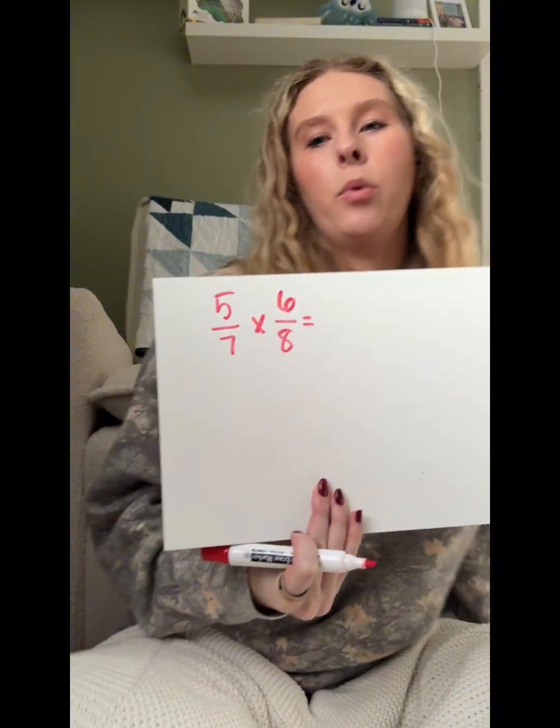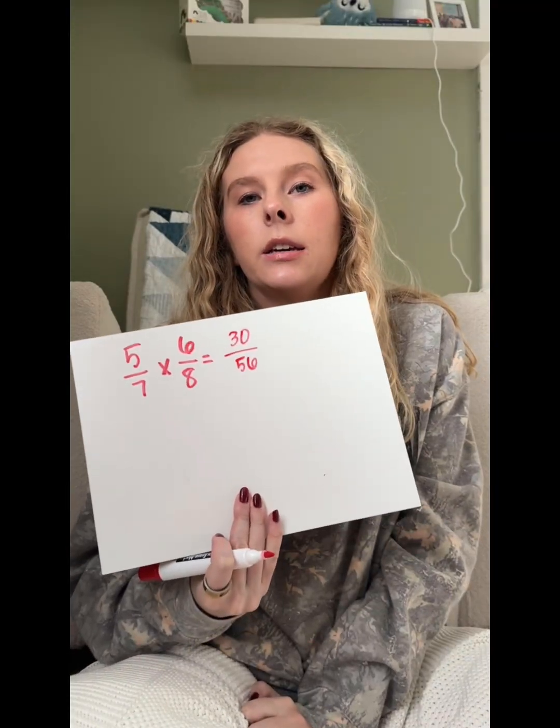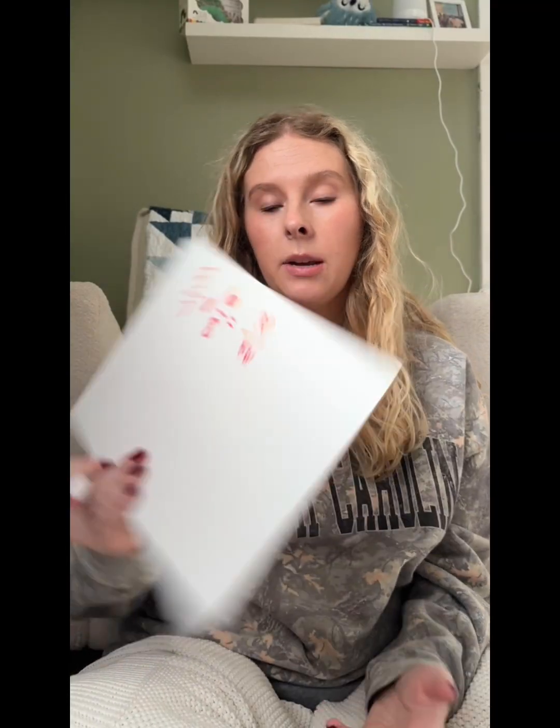All right, so step 1, multiply your numerators. 5 times 6 is 30. Step 2, multiply your denominators. 7 times 8. I know 7 and 8s are hard, but 56. Step 3, simplify if needed.